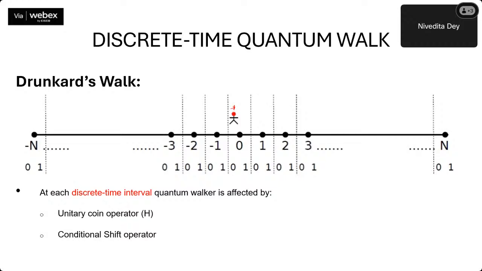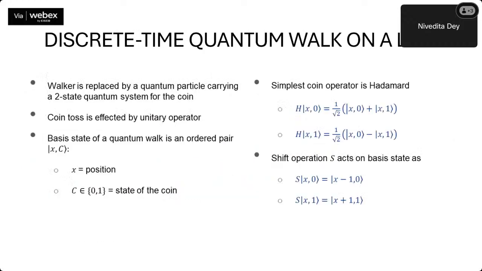That is how a drunkard generally walks. A similar logic you can think of with respect to the discrete time quantum walk as well, where the coin operator can basically go to both left and right. Now depending on the coin outcome, it will make a conditional shift. So basically it works in this way. The operators are mathematically described in this way.